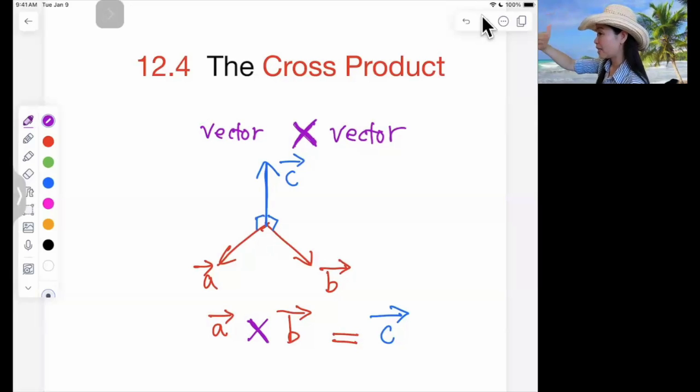If you put your forefinger in the direction of A and then curl to the direction of B, your thumb points in the direction of the cross product C.